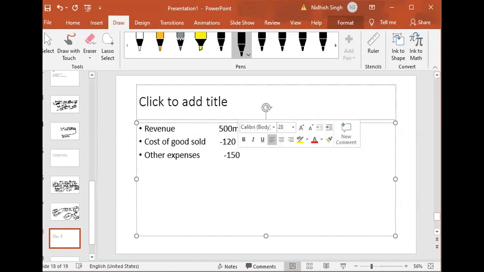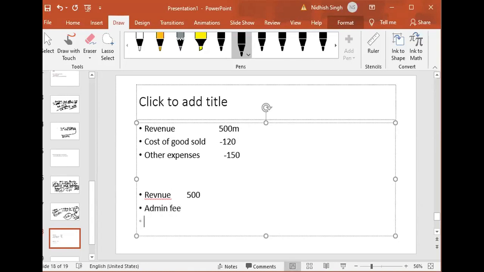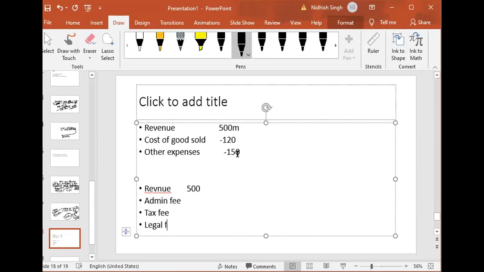Next, I can have another type to show this. Revenue remains the same. So you can either club it by nature or by function. Then I'll say admin fee, tax fee, legal fee.